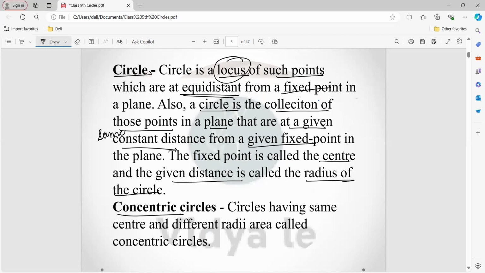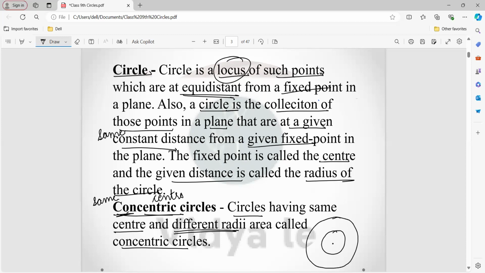Now, the next is what a concentric circle is. Concentric. From the word, see, con means same, centric means center. So, circles having the same center but different radius are called concentric circles. Suppose I'm taking a center. I'm drawing a circle with respect to this center. Now I'm drawing a circle with respect to the same center, but with a different radius.